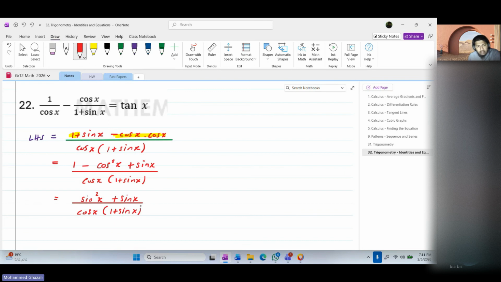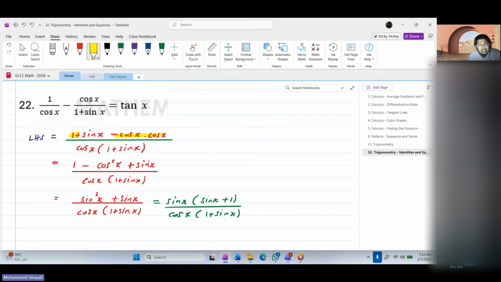Now you can see the top has to be factorized, so we can cancel out the 1 plus sine x, okay? So we're going to take out sine x here. And we are left with sine x plus 1, divided by cos x into 1 plus sine x.